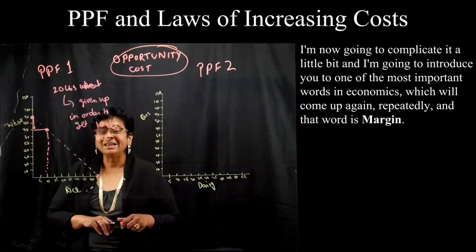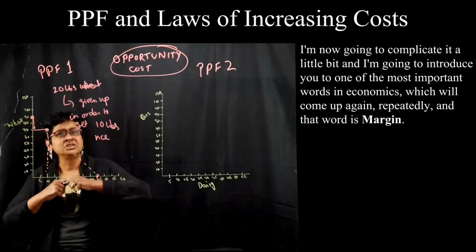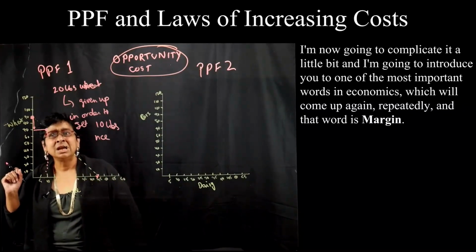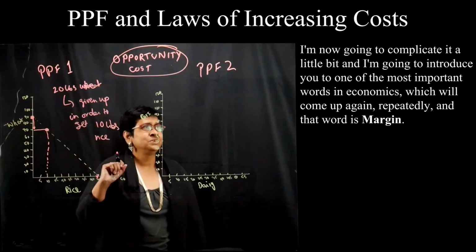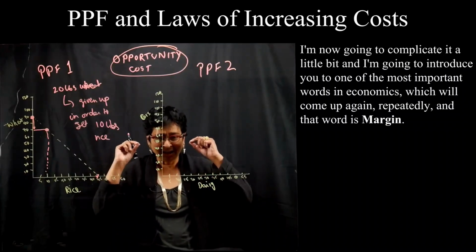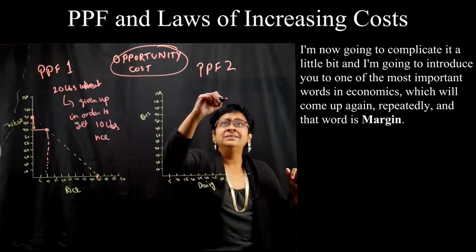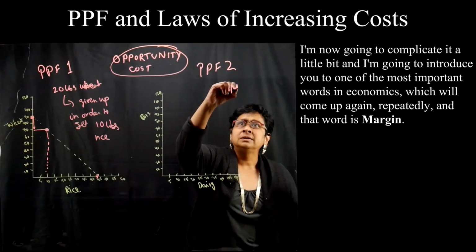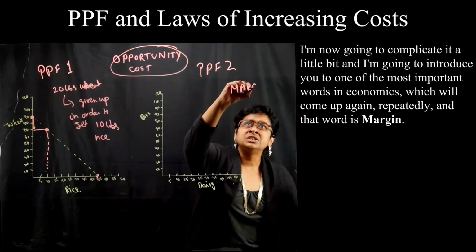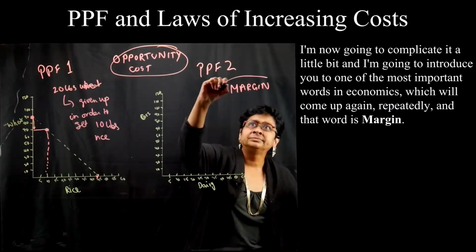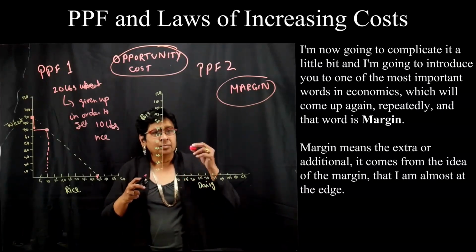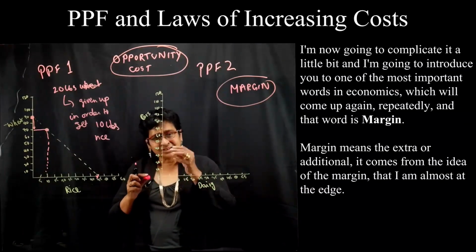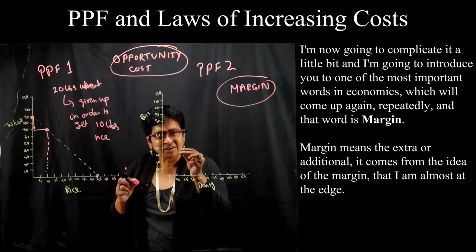I'm now going to complicate it a little bit, and I'm going to introduce you to one of the most important words in economics, which will come up repeatedly, and that word is margin. Margin means the extra or additional.